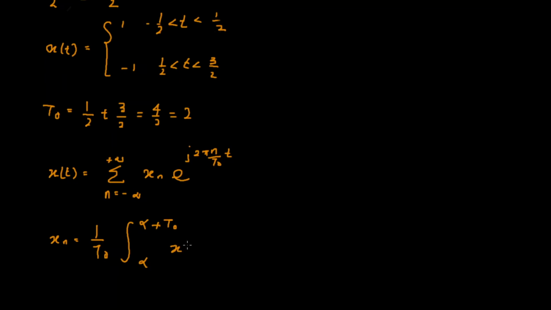Next, we substitute the signal behavior for the period that we have selected and multiply with the exponent, e^(-j 2 pi n t over T naught), and this integration is done with respect to dt. We're going to use this formula to find X_n, and we're going to substitute X_n in the Fourier series expansion that I've just written here.